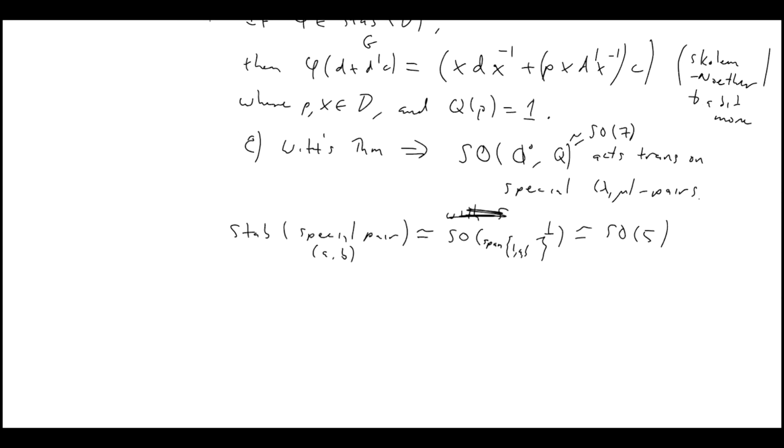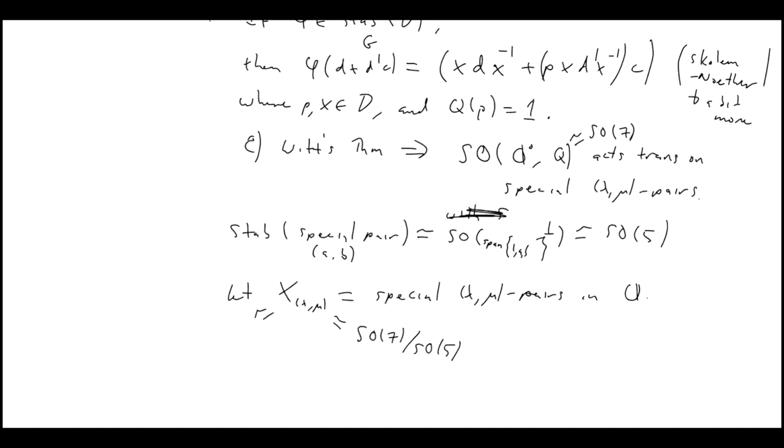Okay, so let me introduce a little bit of notation. Let X lambda mu be the set of special lambda mu pairs in O. We found that this is a homogeneous space, and in fact, we've just realized that in 2 different ways. On the one hand, this is SO7 mod SO5. From this, we can deduce some important things.